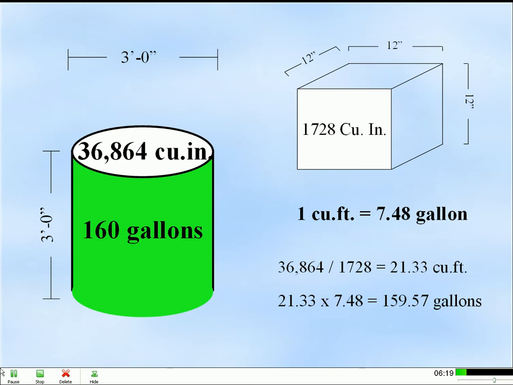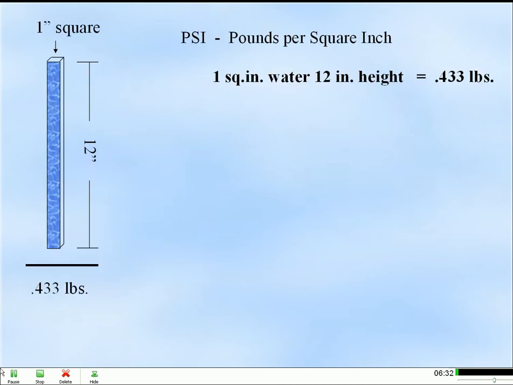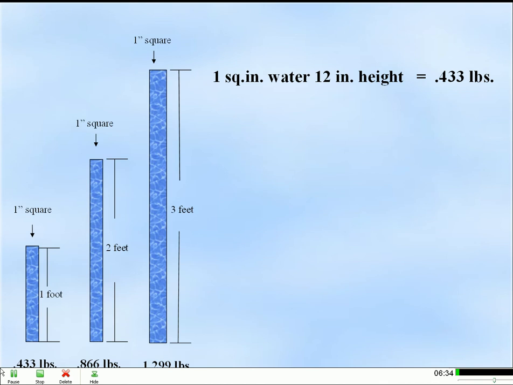Water weighs 8.33 pounds per gallon. Water also exerts 0.433 pounds per square inch per foot in height. Add another foot on top of the first and the PSI increases by 0.433 pounds per square inch.